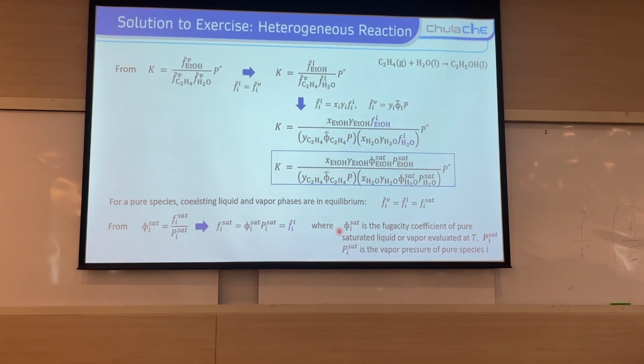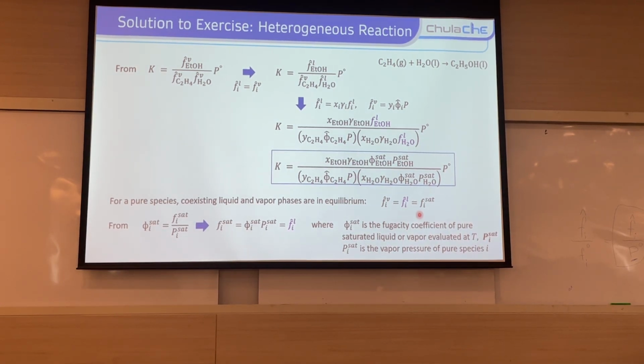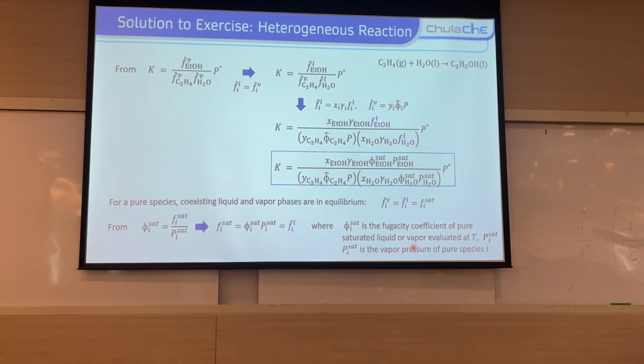So again, the symbol phi with superscript sat here is the viscosity coefficient of pure saturated liquid and vapor at the reaction temperature and the saturated pressure or vapor pressure.